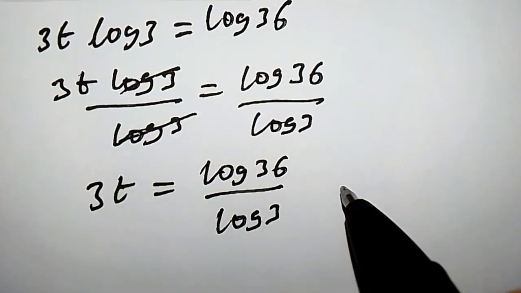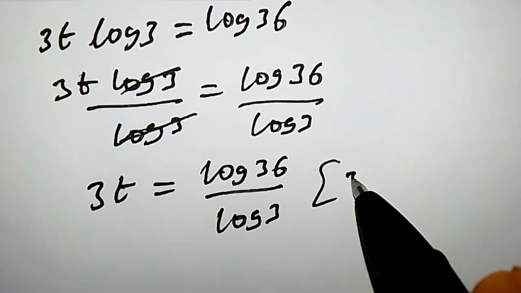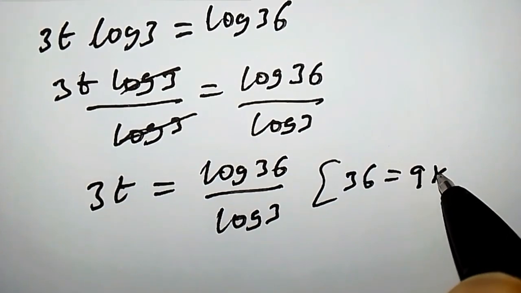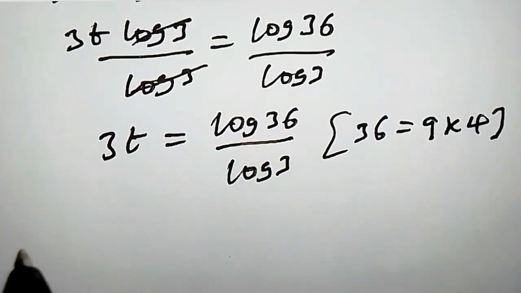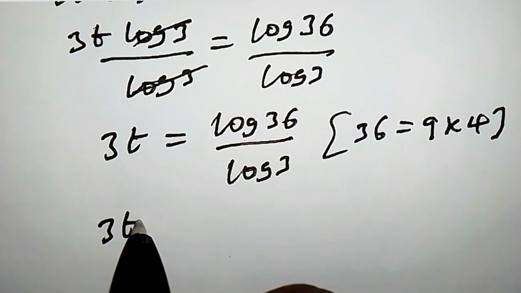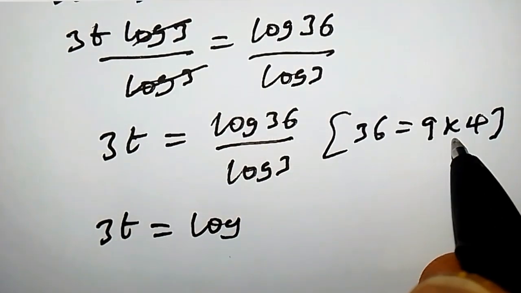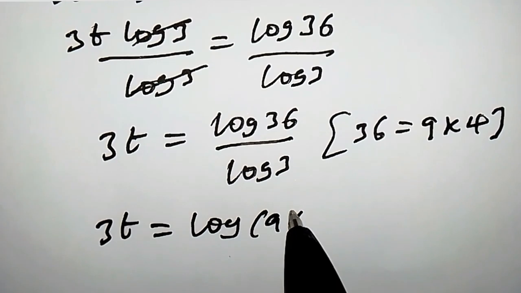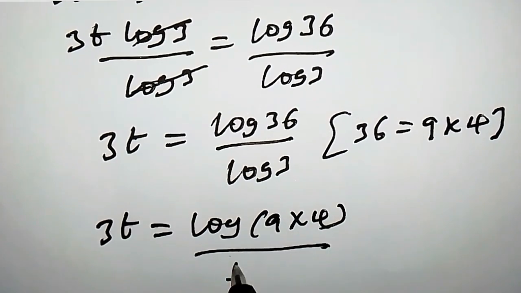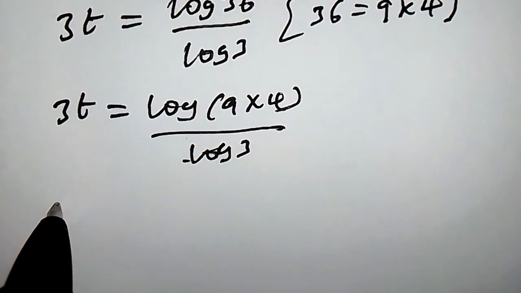Don't forget that we can rewrite 36 as 9 times 4. That means we are going to have 3t equal to log, in place of 36, we write 9 times 4, divided by log 3.